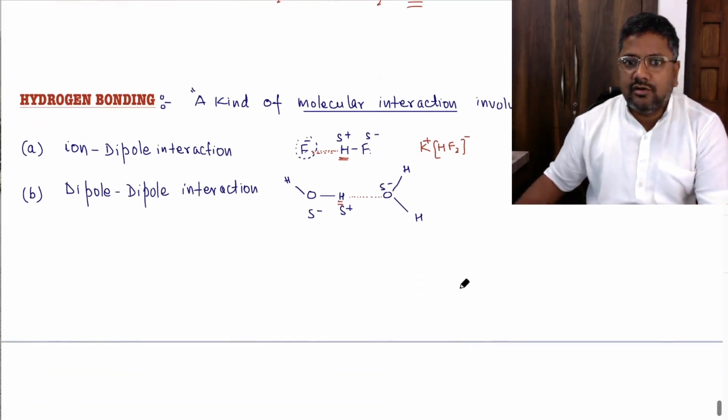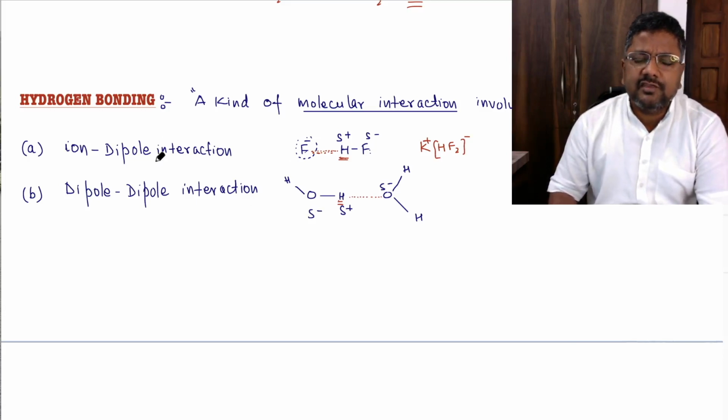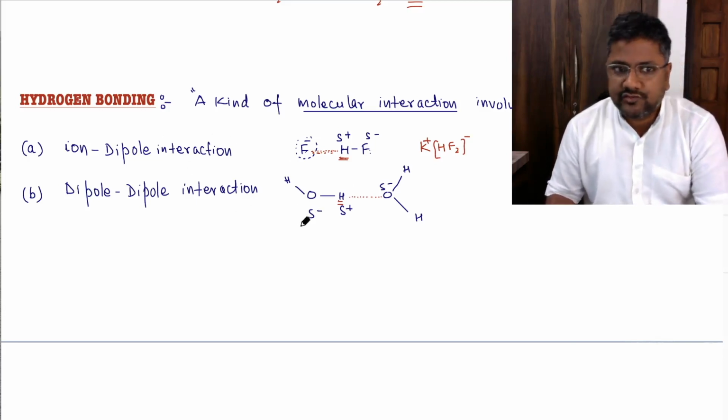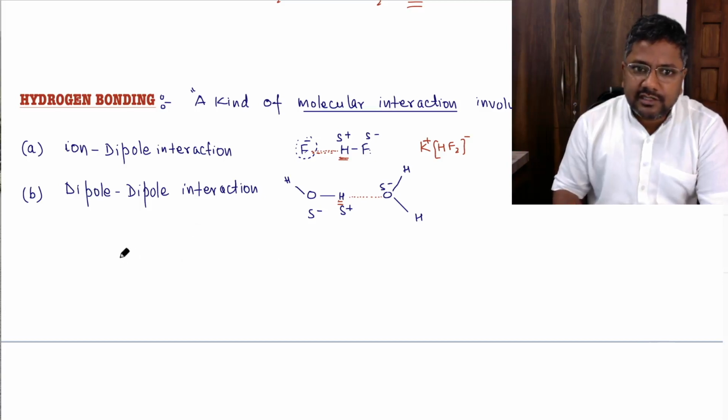So hydrogen bonds are a kind of dipole interaction in the majority of cases. In some cases you may get ion-dipole interaction. So we can express this hydrogen bond like this: X, H, and Y, right? This is delta plus and delta minus.